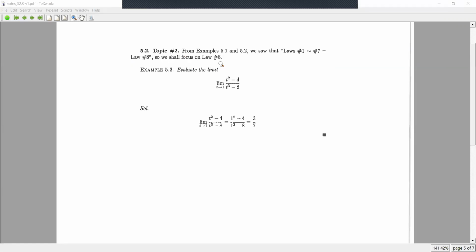In particular, in exams, in your homeworks, you can use only law number 8. You don't need to use laws number 1 to number 7. So you can only use direct substitution to compute a limit in exams, in homeworks.